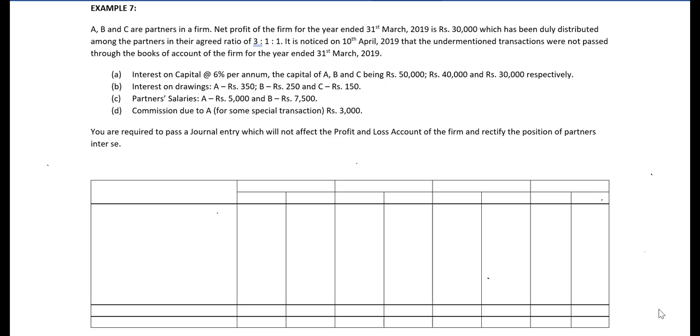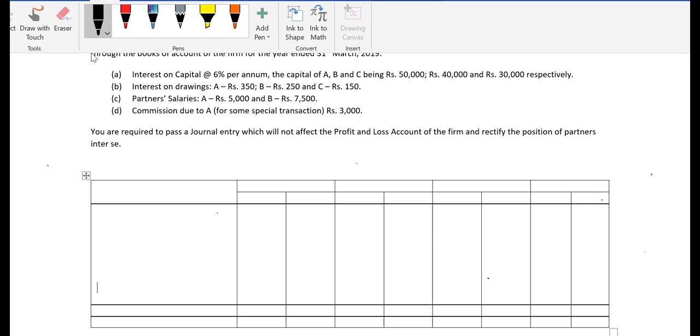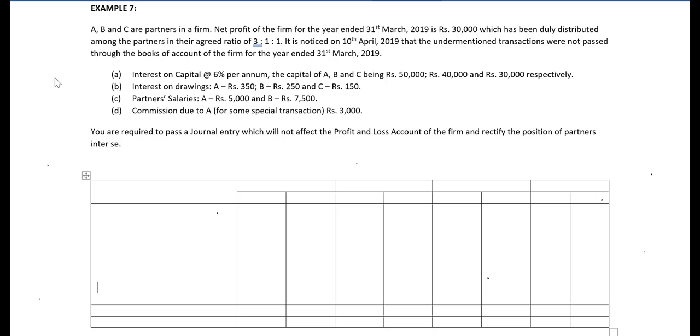So the working note will be a table showing adjustments to be made.